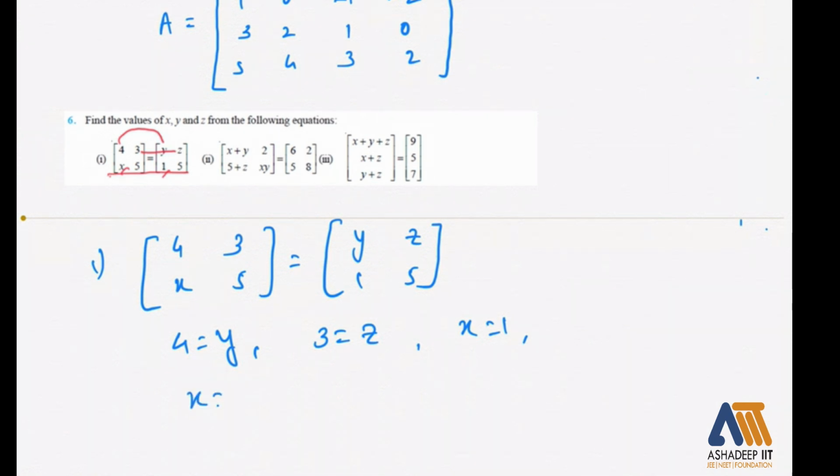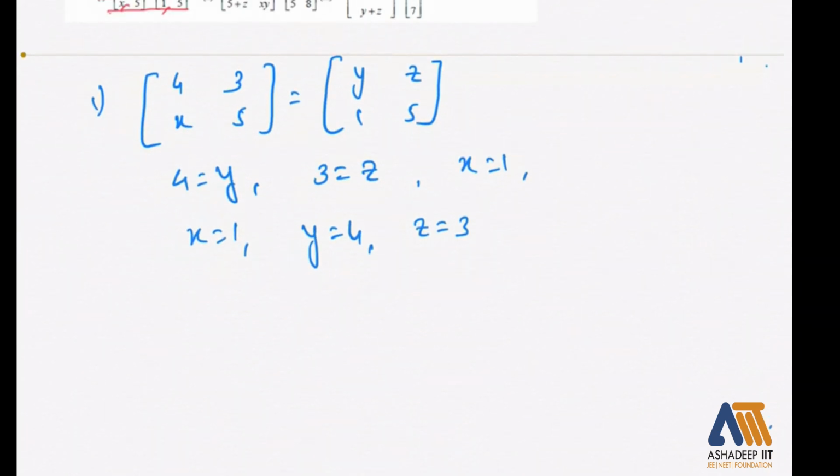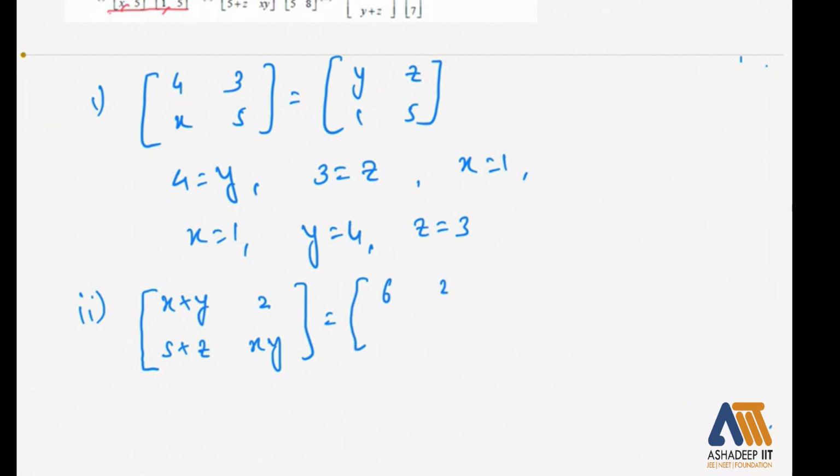So answer x is 1, y is equals to 4 and z is equals to 3. Second question, again 2 matrices are given and they are equal. Equality sign is given. x plus y, 2, 5 plus z and xy, that is equals to, on the opposite side, another matrix 6, 2, 5, 8.